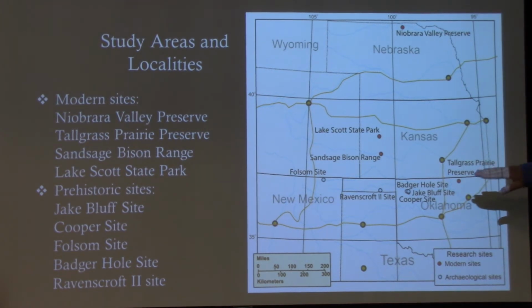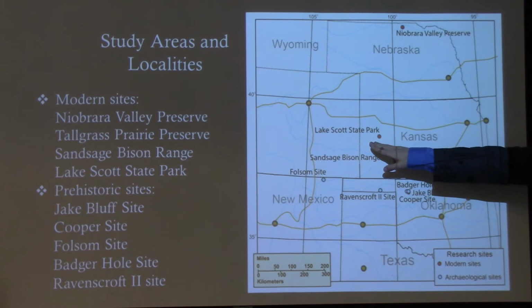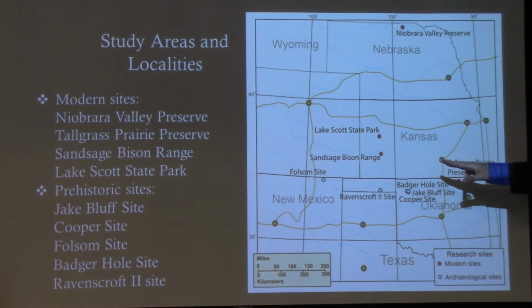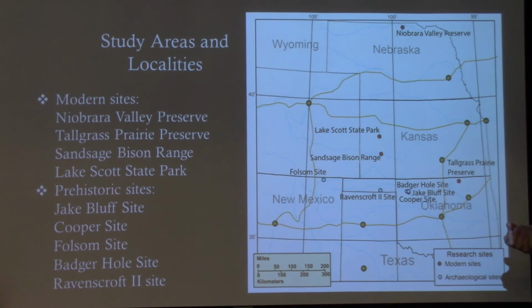And as well, we have the Lake Scott State Park in western Kansas. Lake Scott State Park, I don't have dental phytolith values from there because there is no modern bison herd on that landscape. For my prehistoric sites, we have 5 in an east-west transect here.